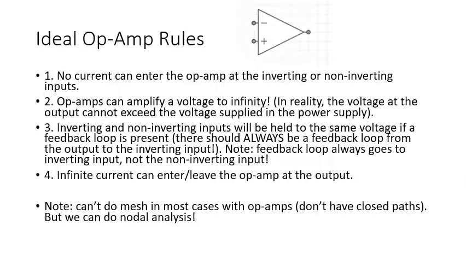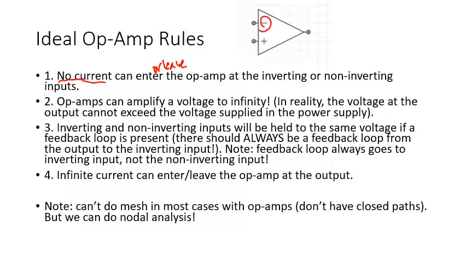Okay, with our op amps, we have some rules for how they behave ideally. Again, nothing really behaves ideally fully in the real world, but these can be pretty nice assumptions to get a pretty close theoretical estimate for how they will work doing our math. Rule number 1 says no current at all can enter, and I'm going to add enter or leave. It really doesn't matter the direction of that current. The op amp at the inverting or non-inverting inputs.